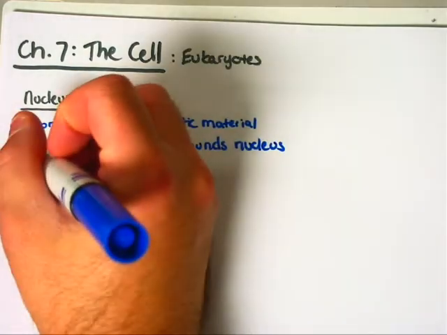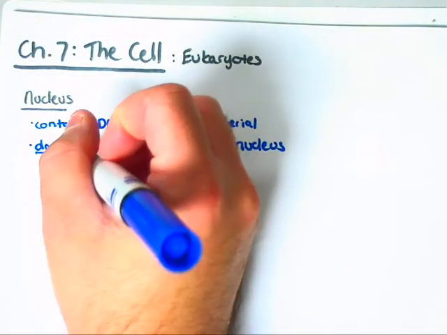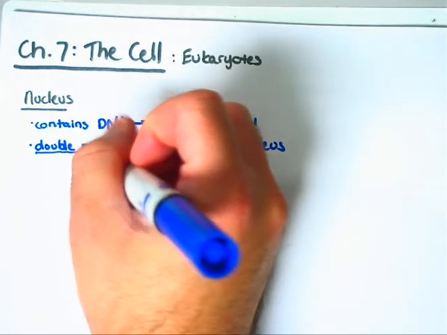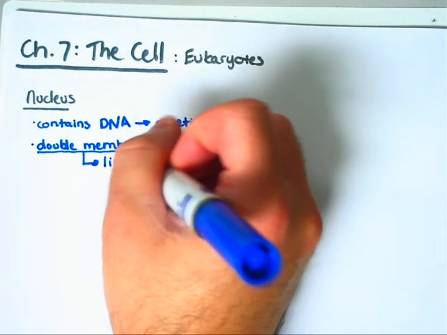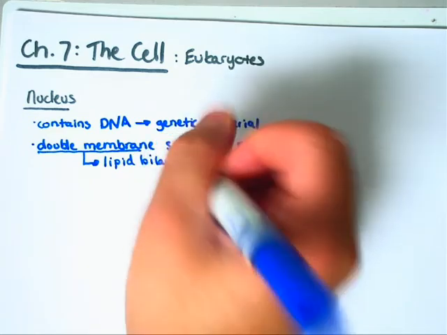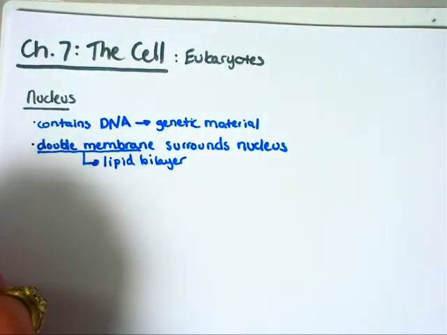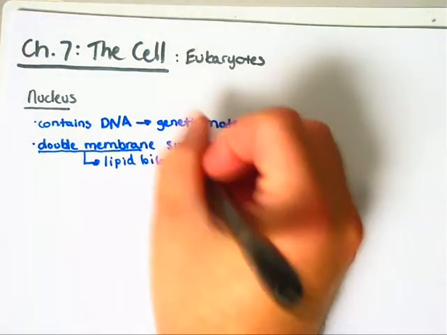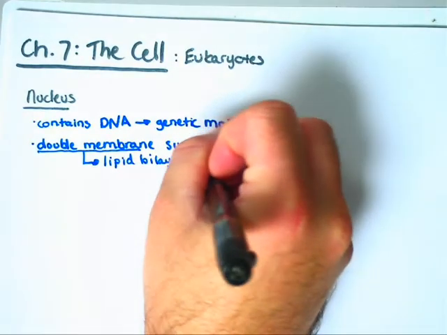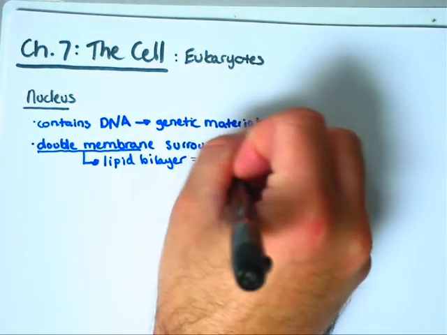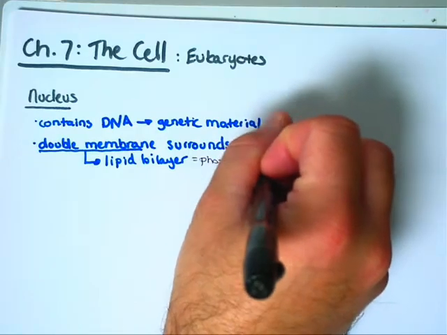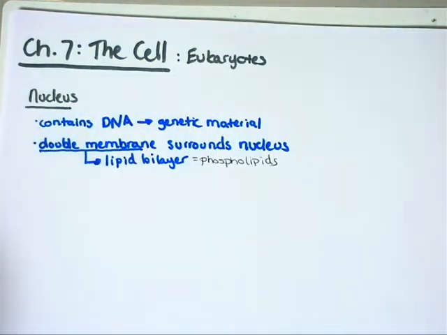The term that we might use instead of double membrane from this point forward is that it's a lipid bilayer. What type of lipid are we talking about here? Perfect.